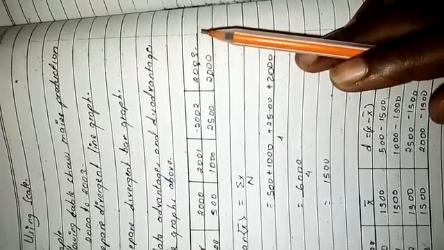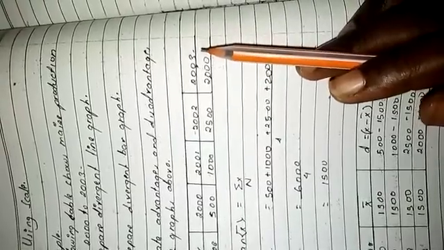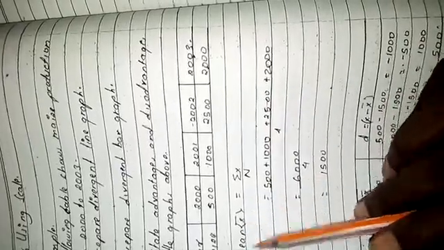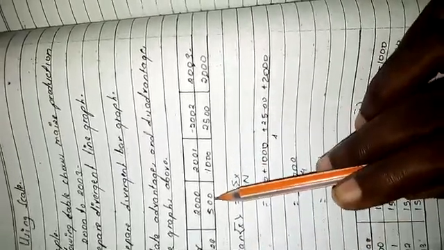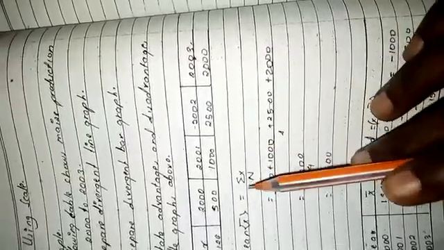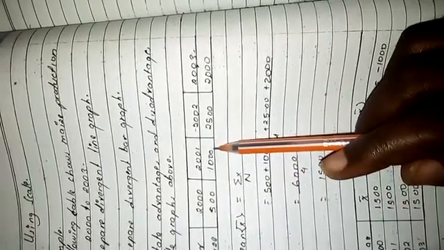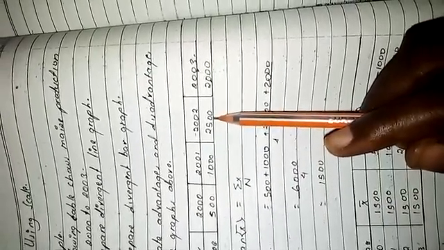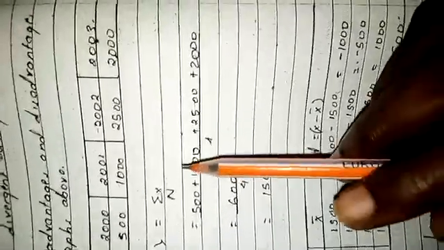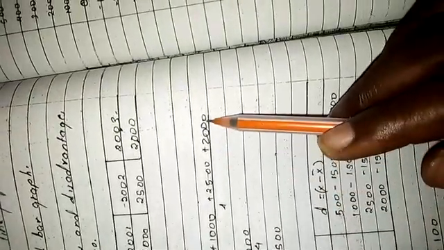To solve this, first we should find the mean. We take the mean of the data which are varying, the maize production data. We add the total values to find the summation, and divide. So we take 500 plus 1000, then add 2500, then also add 2000.